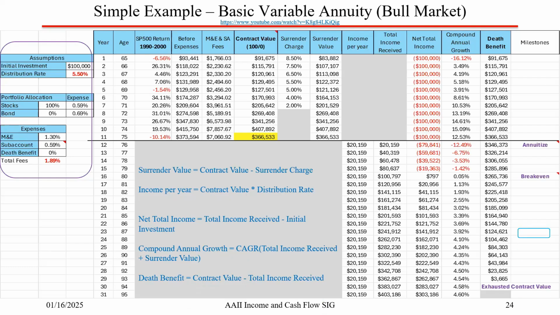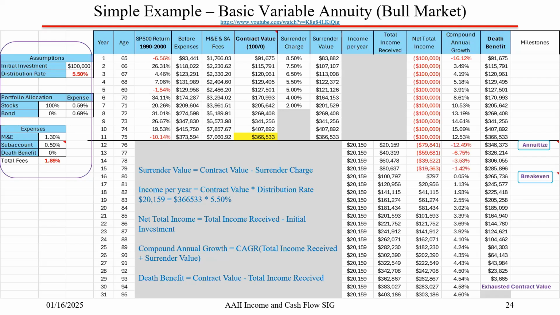So the bottom line here is when you annuitize, it's a bull market. So your contract value grows in these 10 years, went up 3.6 times. And so you get these and you break even. So your income per year, that 20,000, is calculated by the last contract value times your distribution rate.